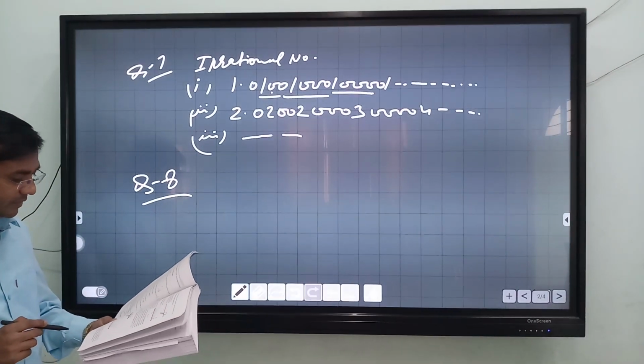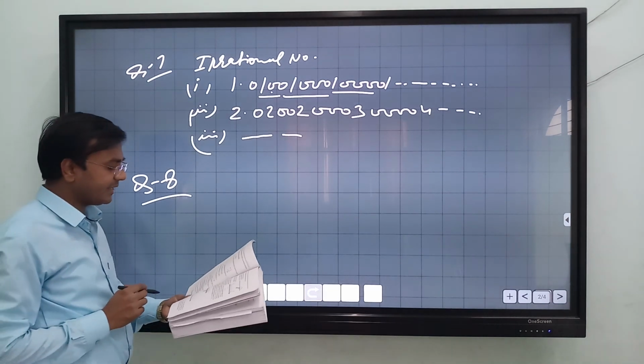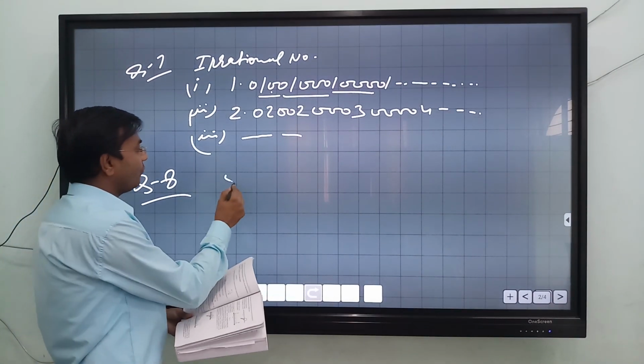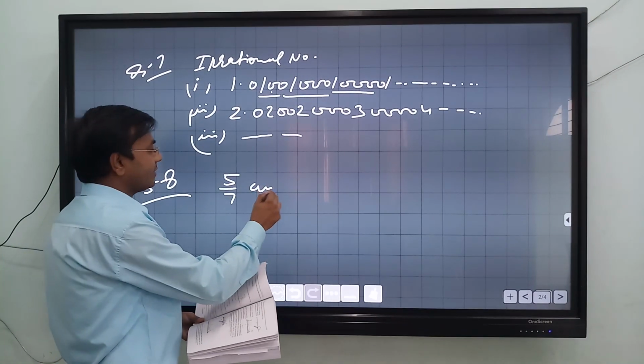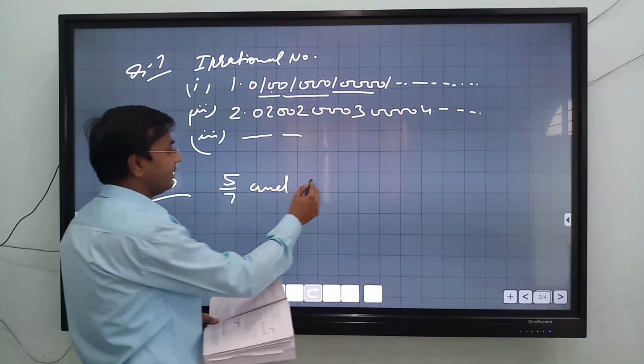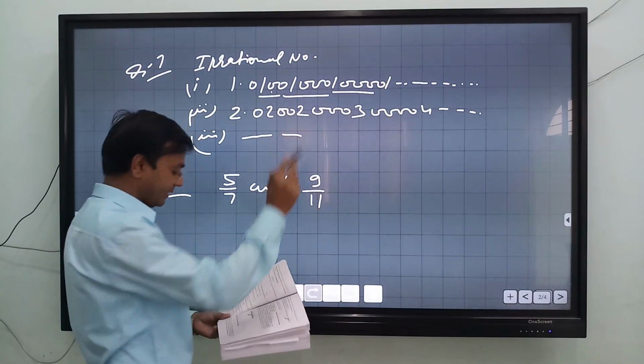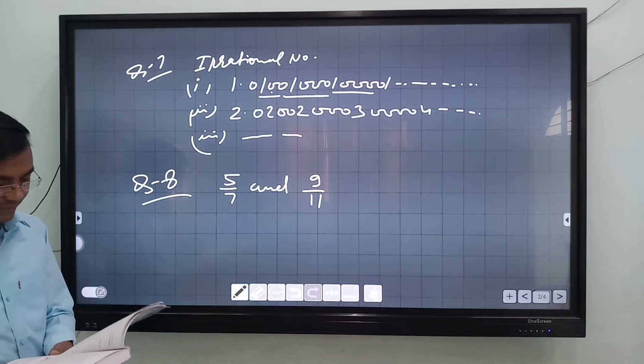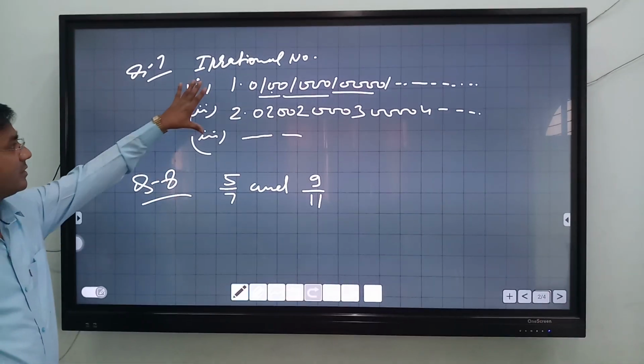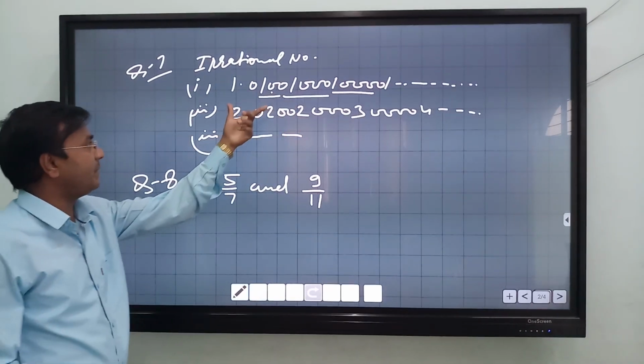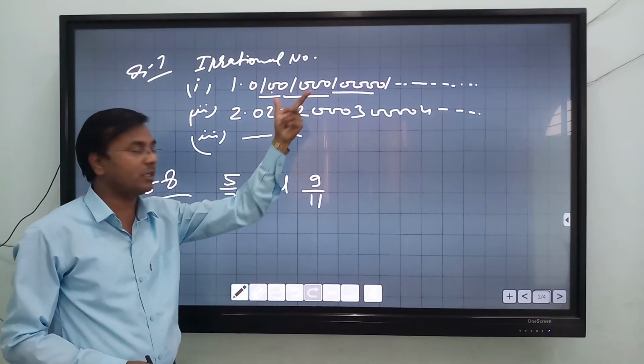Now question number 8. Find 3 different irrational numbers between 5 by 7 and 9 by 11. So we have to find 3 different irrational numbers. We have come to know the pattern of an irrational number: non-terminating and non-repeating.